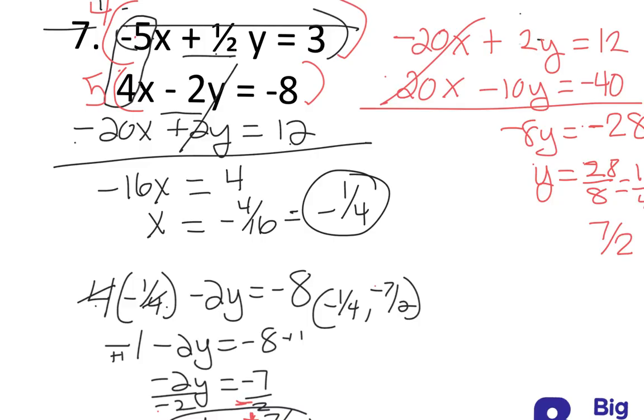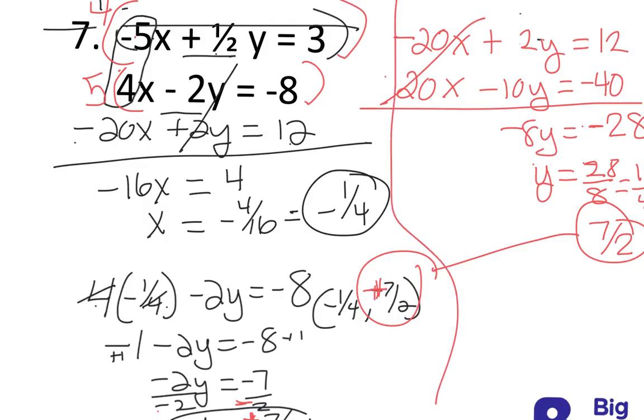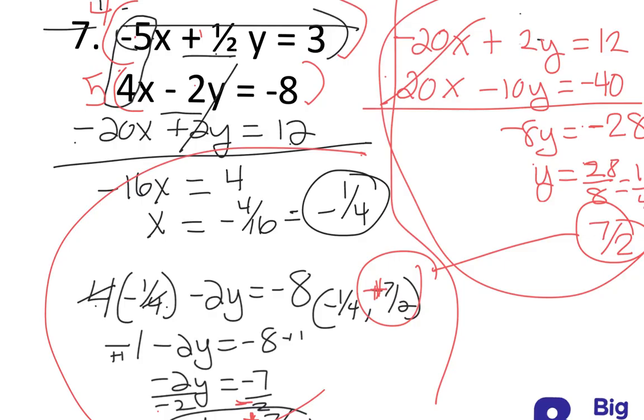This is positive over here. Hopefully somebody caught that, was yelling at the screen. Alright, so 7 over 2. We got the same y's. So you could have done it either way. Whether you decided to do the red way here and multiply both of them, get rid of your x's, or just multiply one of them and get rid of your y's, either way, you're coming up with the same answers, okay?